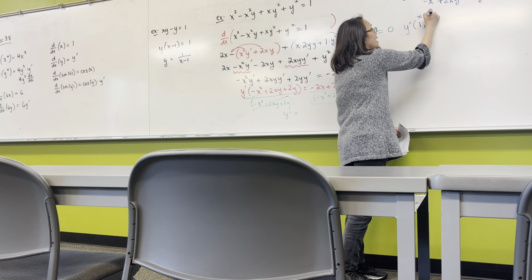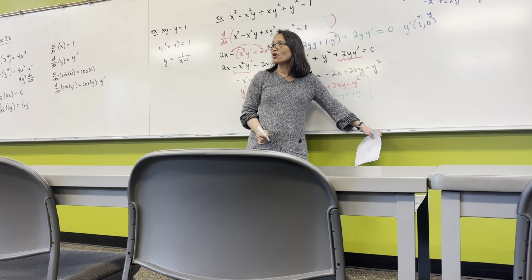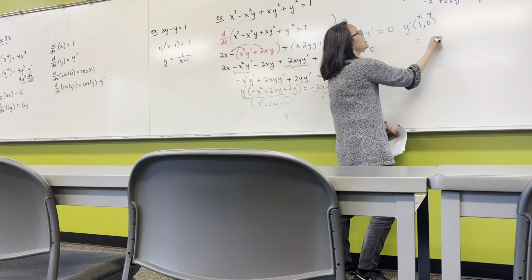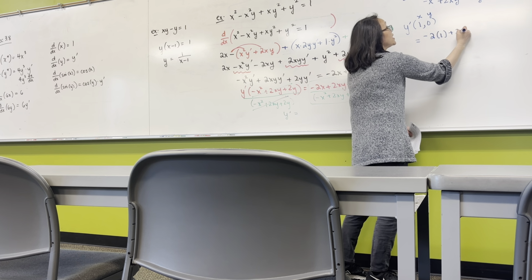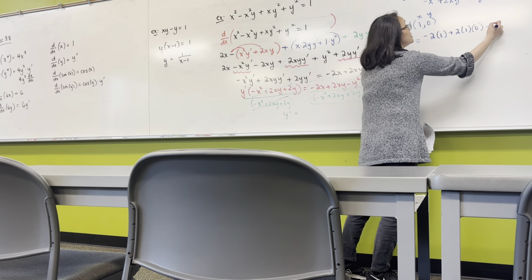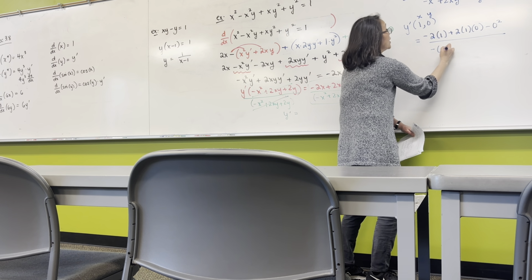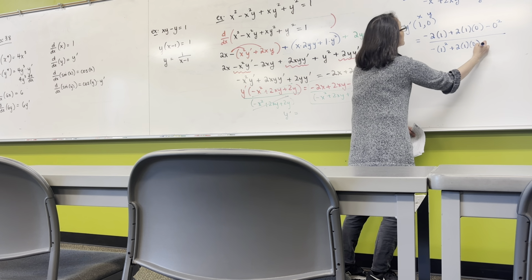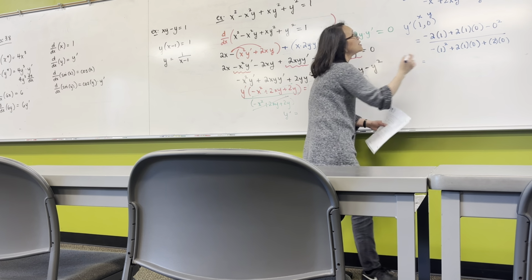Meaning you're going to let the x be 1 and the y be 0. Is everyone okay with that? So this will end up looking like you just replace all the x's with 1s, replace all the y's with 0s, and you get minus, what is this, 1 squared plus 2 times 1 times 0 plus 2 times 0.